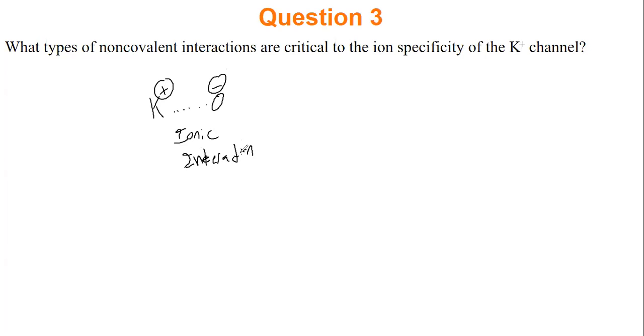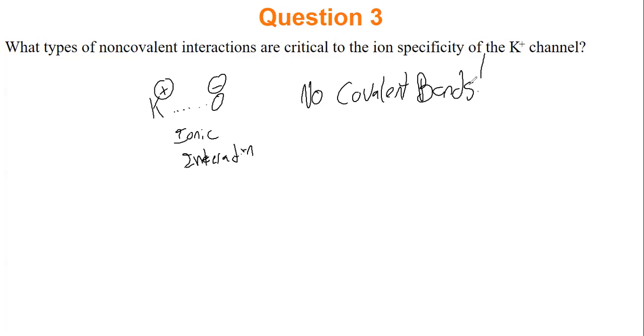Note that for this channel, and basically any channel, you don't want to form covalent bonds. This is something that seems to get people confused a lot. When you're transporting something, you don't want to form a covalent bond. A covalent bond is basically forever.